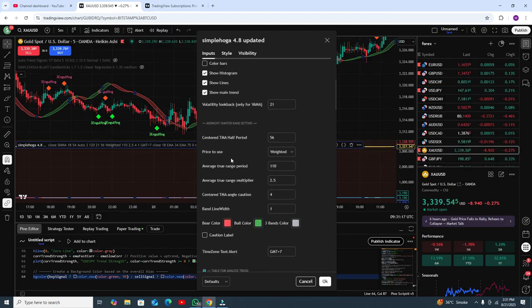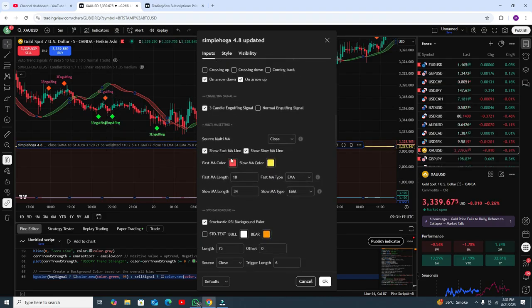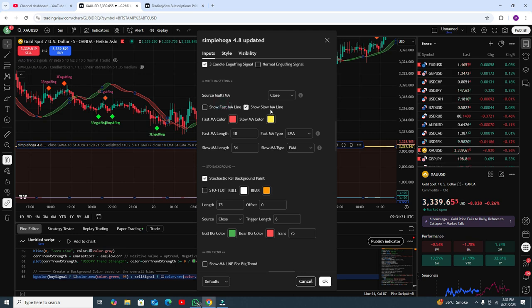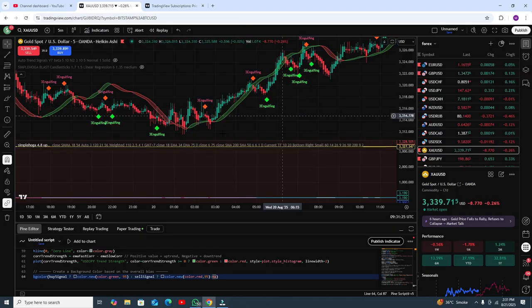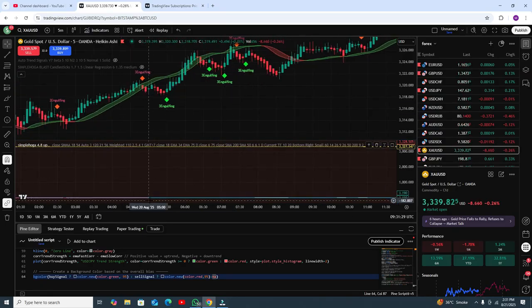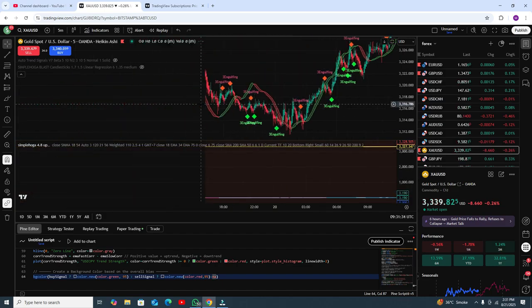We need to uncheck the fast EMA line and slow EMA line, because these are fast and slow EMA lines, and you can see the colors of the EMA lines are changing, but it's good.